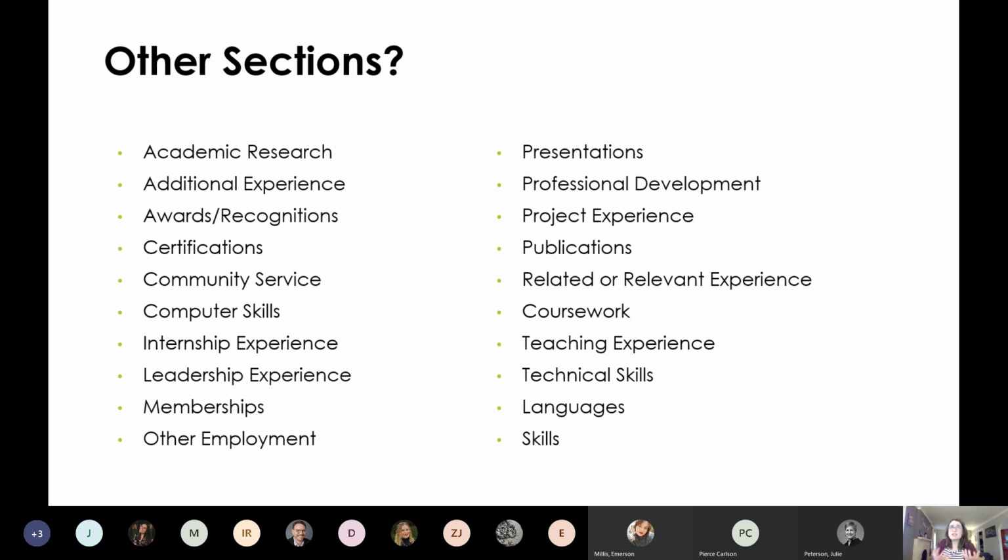Some other sections you might see out there, you're never going to put everything on your resume, but it really becomes what you need to communicate, what your experience is and what you need to share. Two things I see a lot from people when they're just starting out is basically a related coursework, and then a design project experience. There's a lot of different names you could call the section.